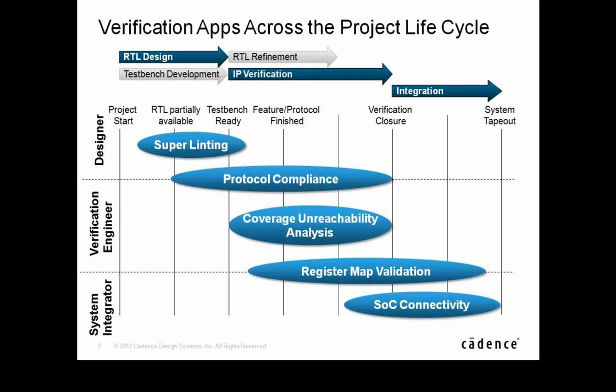Register map validation, a pre-packaged solution where, based on an IP-XACT specification of a register map, we generate all sorts of checks to do reset value checks, to do access policy checks. So all the checks are generated automatically, and can be used in AFI and COT. Again, a lot of debug capabilities are built into the app.